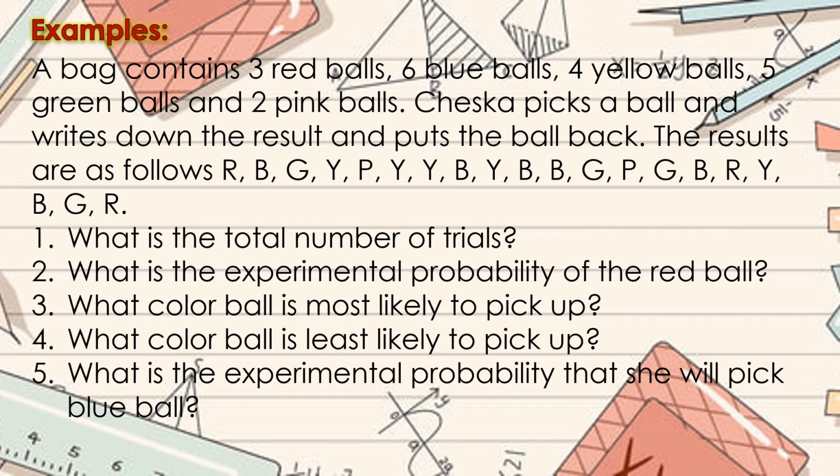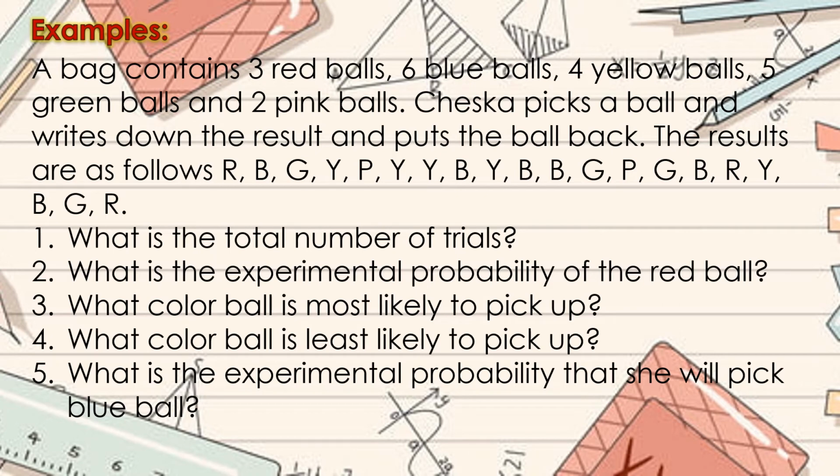Example number 2. A bag contains 3 red balls, 6 blue balls, 4 yellow balls, 5 green balls, and 2 pink balls. Cheska picks a ball and writes down the result and puts the ball back. The results are as follows. Yung unang nakuha niyang kulay ng bola ay red. R for red. Binalik niya yon.